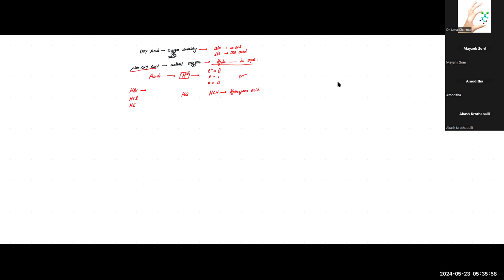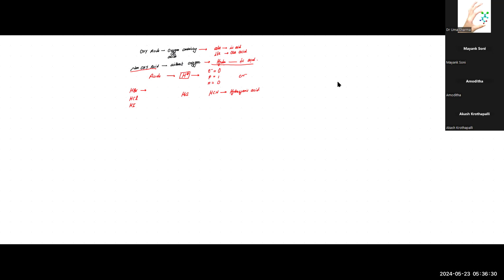I gave it to you last time, I told you to take out the printout. Akash, you have your polyatomic ion list with you? Okay. Mayank, I'm giving it to you again. Can you take out the printout? Okay, it's here.